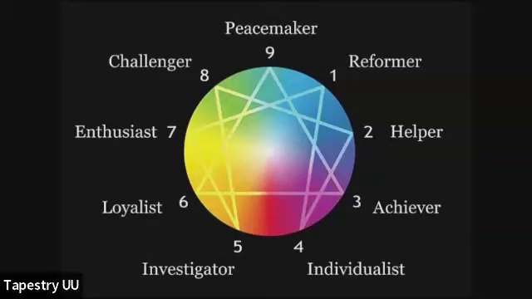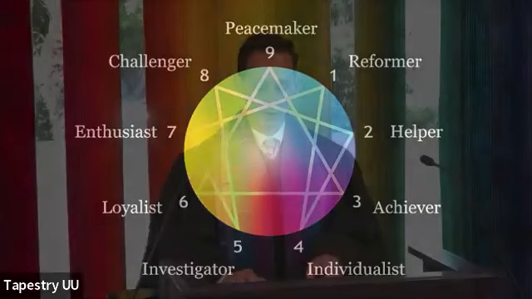Half the work is in pinpointing what our own challenges are. And if you're interested in pursuing that kind of growth, the Enneagram might be a good tool for identifying the growing edges. On a more positive note, the best version of you is going to look very different from the best version of someone else. And that's a beautiful thing.